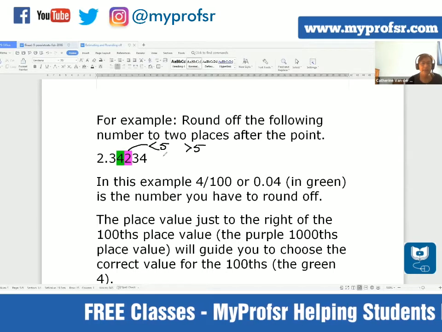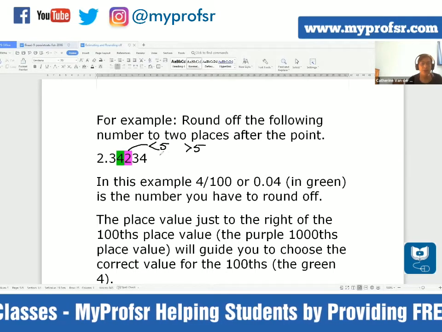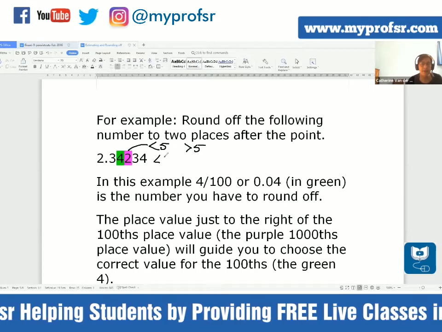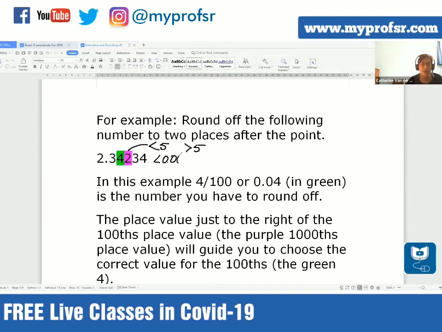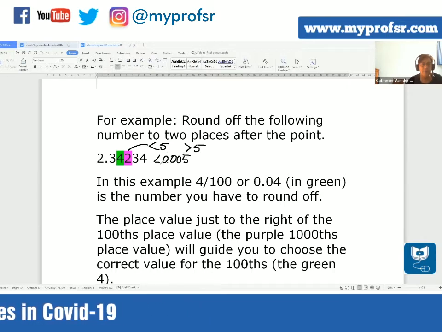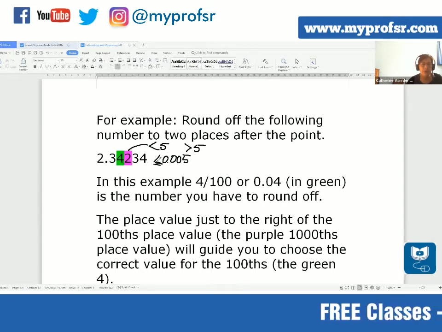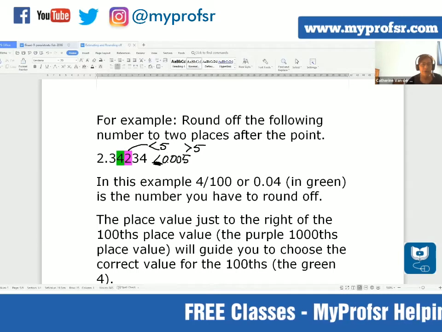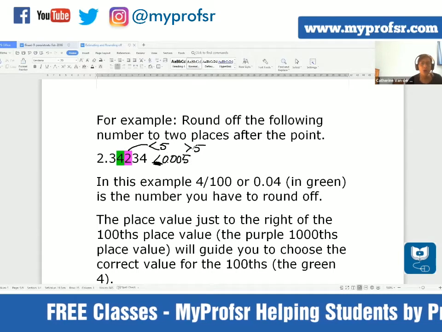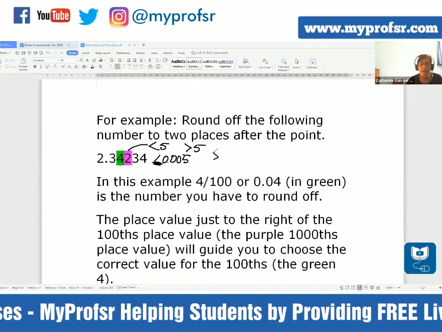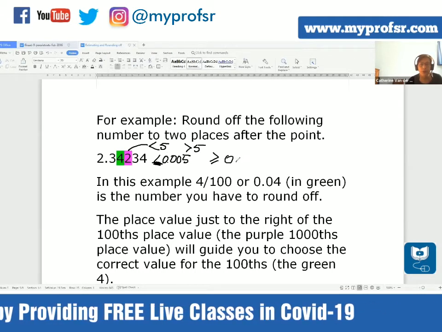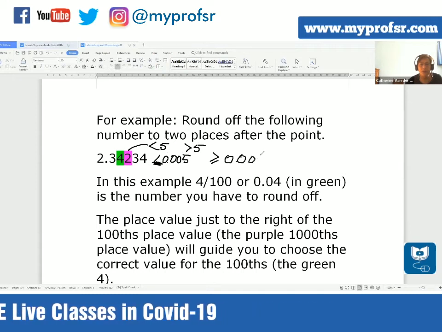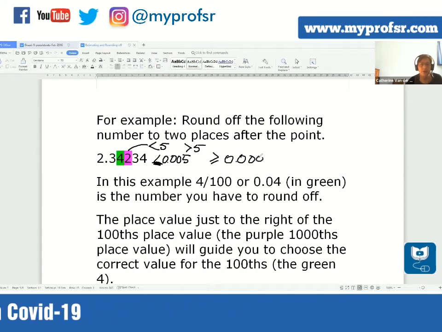Or to be exact, smaller than 0.005, or bigger or equal to 0.005.